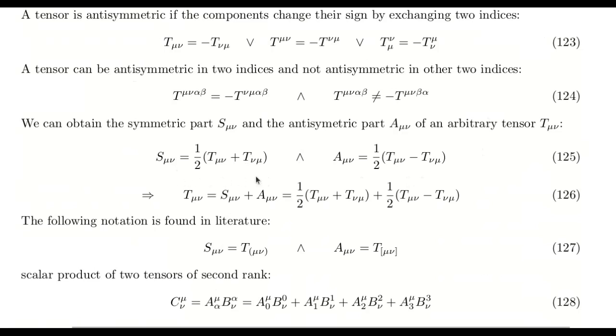We can obtain the symmetric part of a tensor T by calculating this. If we add the value T mu nu with the value T nu mu, the antisymmetric values cancel out, and we have the double value of the symmetric values, so we must write a factor of a half to that expression, and that gives the symmetric part. And if we want the antisymmetric part of a tensor, then we have to write a minus here because this cancels out the symmetric values and the antisymmetric values stay.